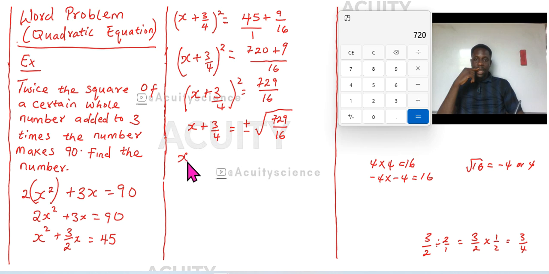So x plus 3 over 4 is equal to square root of 729 over square root of 16, which is plus or minus. What's the square root of 729? Let me try, because we have 9 at the end. I'll try 23 because of this 9.